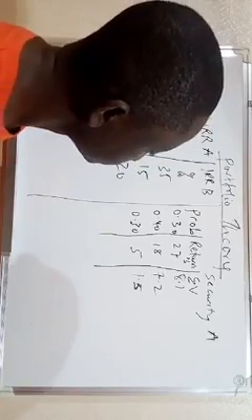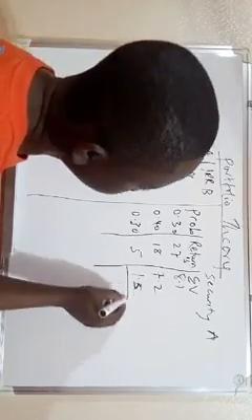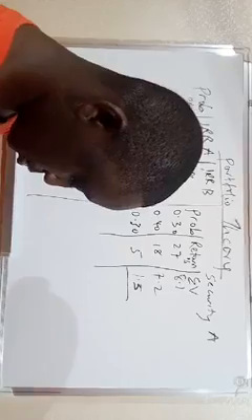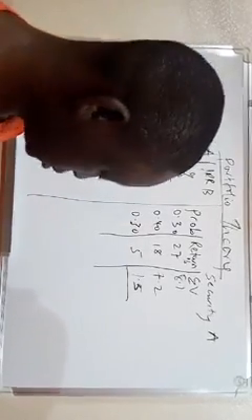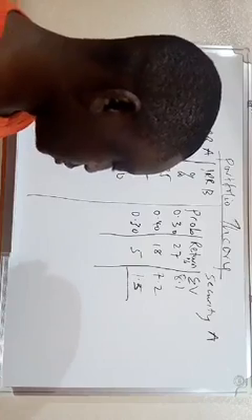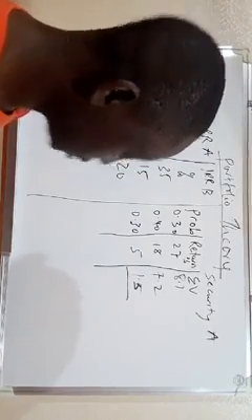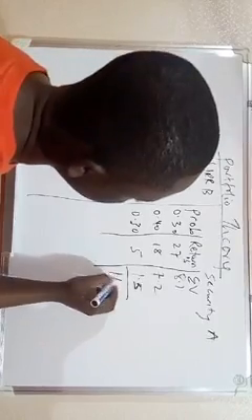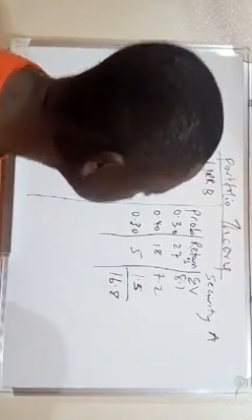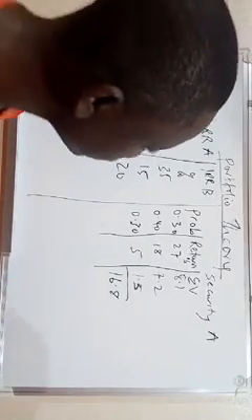Okay. So when you add this up, 8.1 plus 7.2 plus 1.5, I have 16.8. This is the total expected value, 16.8.